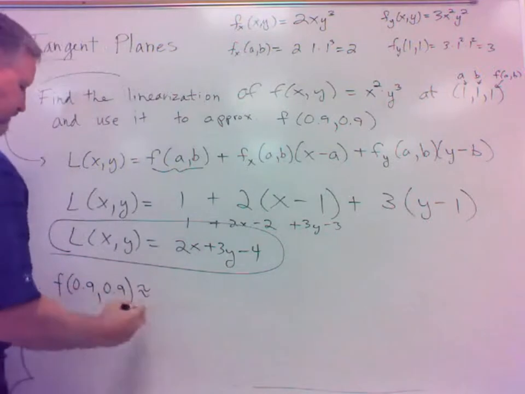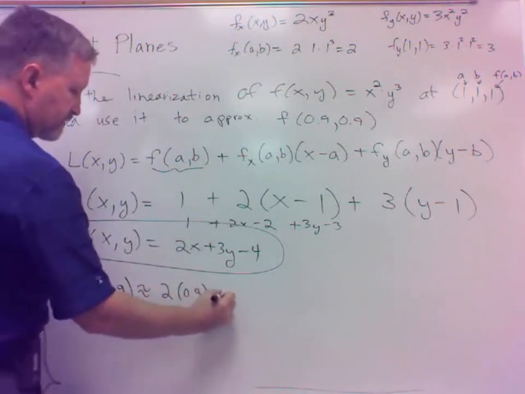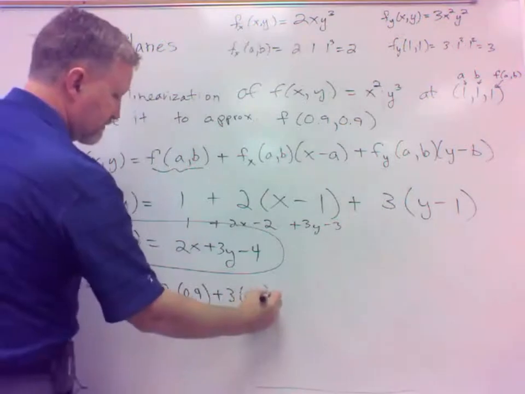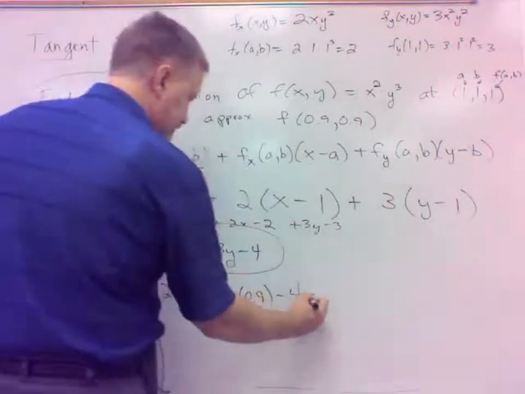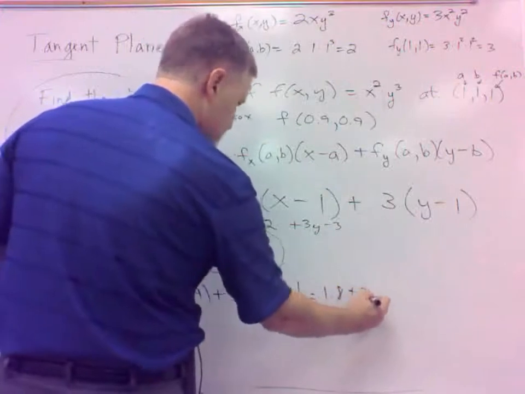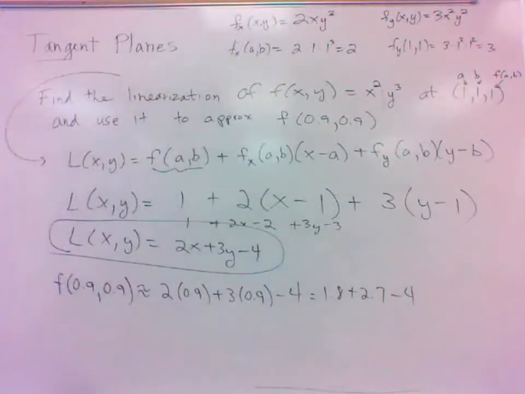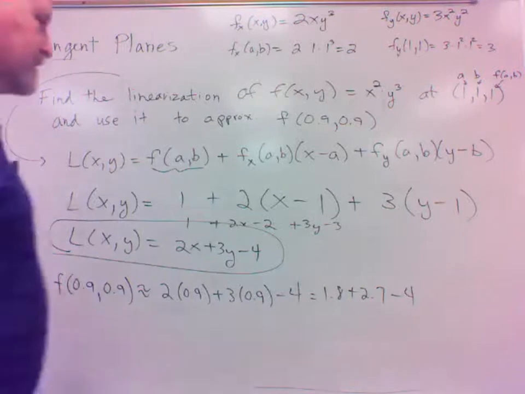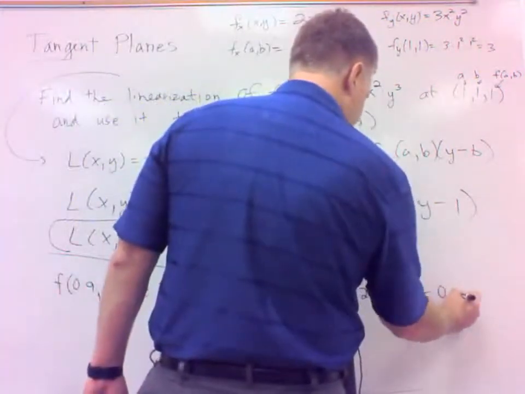So f(0.9, 0.9) is going to be approximately 2 times 0.9 plus 3 times 0.9 minus 4. That's 1.8 plus 2.7 minus 4, and so that is 4.5 minus 4, 0.5.